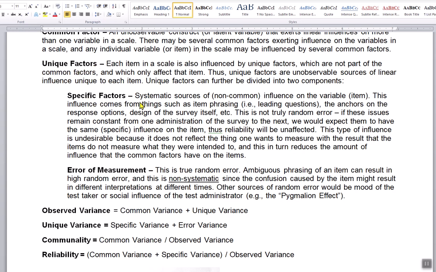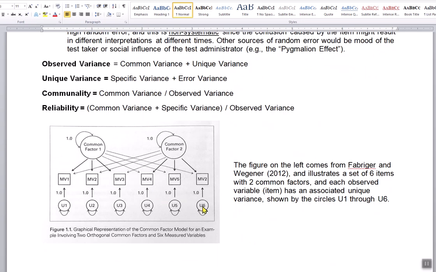Part of this is going to be specific, based on the wording of the question that might push people in one direction or in a different direction, and part of it is going to be true random error. So we don't know based on this whether it's truly random or whether it's systematic error. And we see in this particular example 2 different common factors which exert linear influences on all 6 of the items.